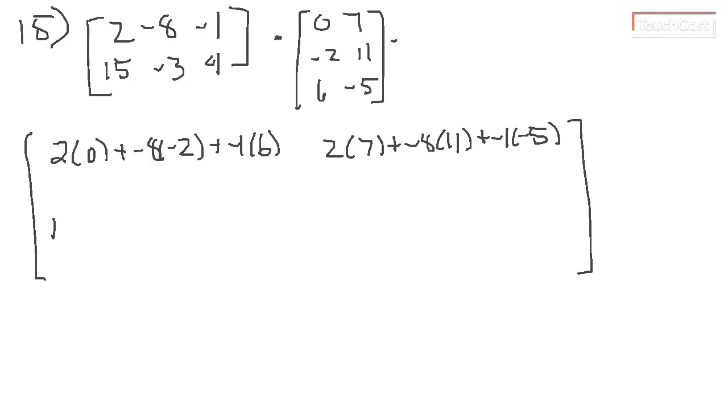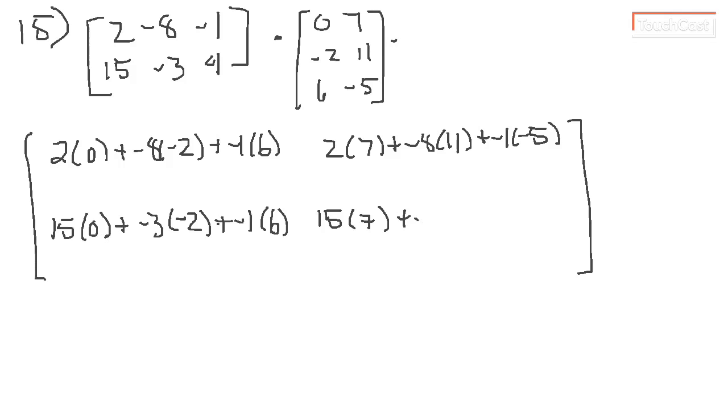We're going to have 15 times 0 plus negative 3 times negative 2 plus negative 1 times 6. And then for the very last element, we're going to have 15 times 7 plus negative 3 times 11 plus negative 1.